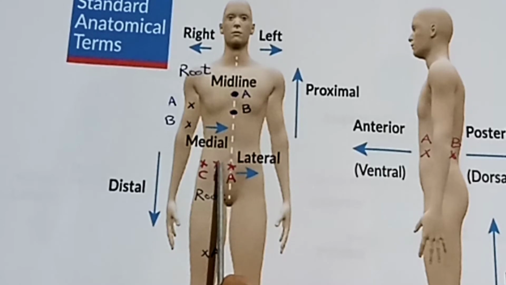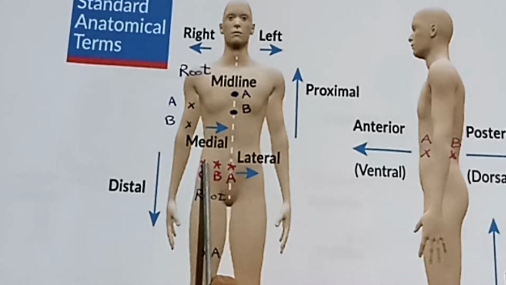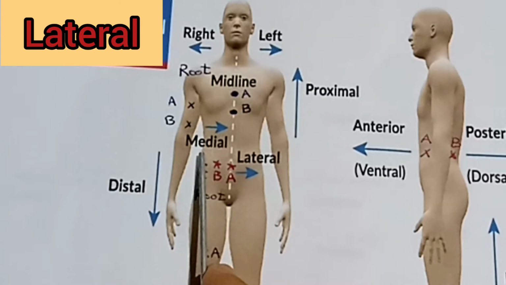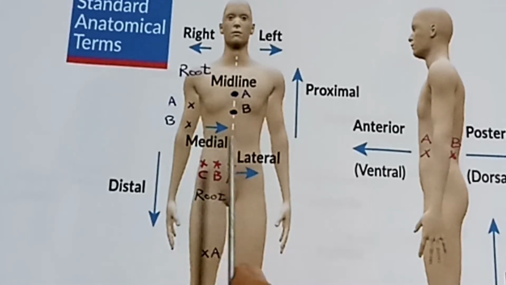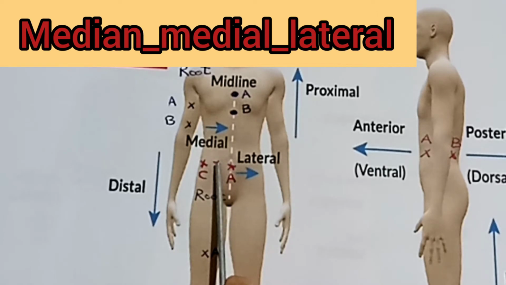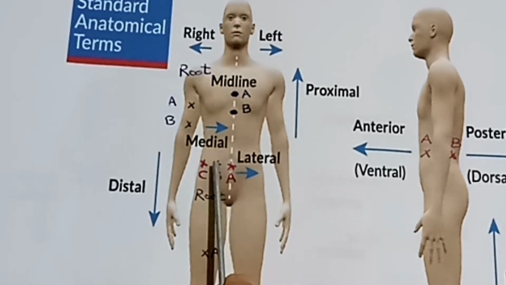Structure B is described with the word medial, which means close to the midline, while structure C is described with the word lateral, which means close to the side. So we have here three terms: median, medial, and lateral. Median in the midline, medial close to the midline, lateral close to the side.